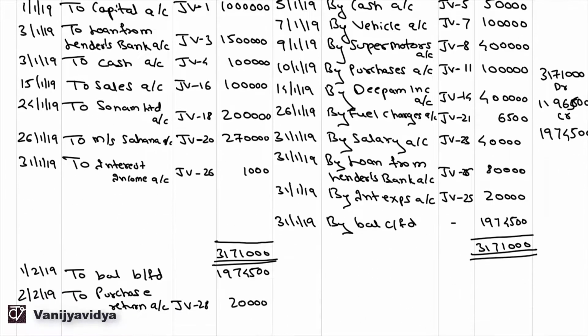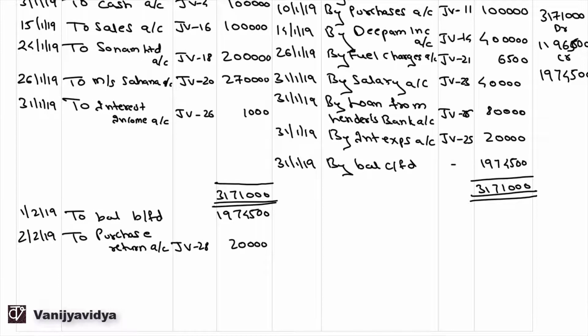PQR bank account. Opening balance as on 1st Feb 2019 was 19,74,500. Then there is a purchase return entry. So total of debit side is 19,94,500. Credit side there is no entry.